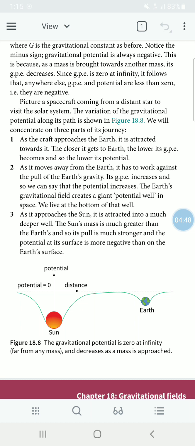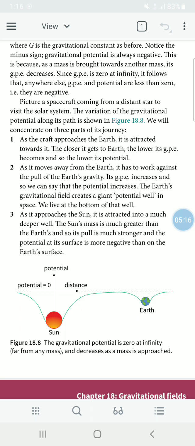So this creates a potential well in space. We are at the bottom of the well. Basically, if the mass is higher, the potential is more negative.